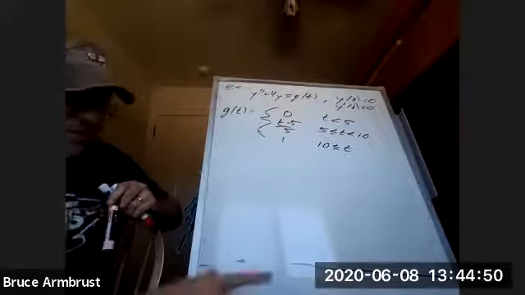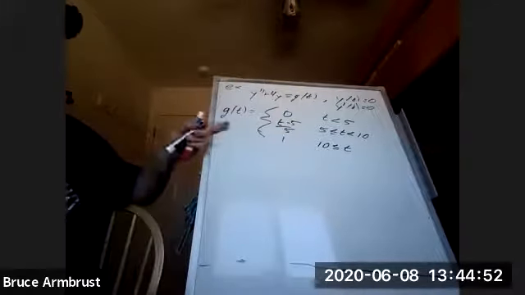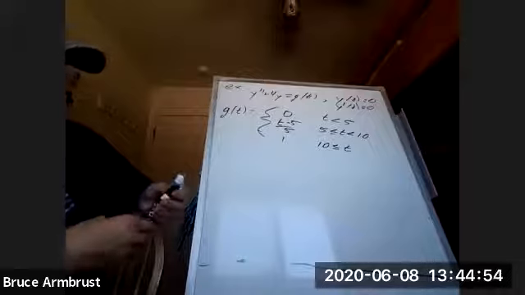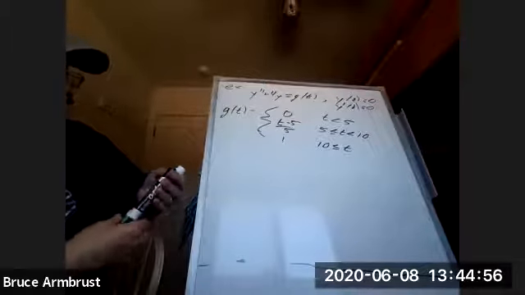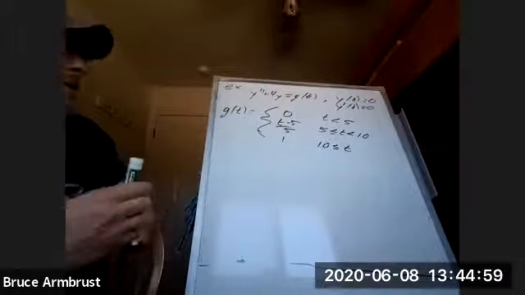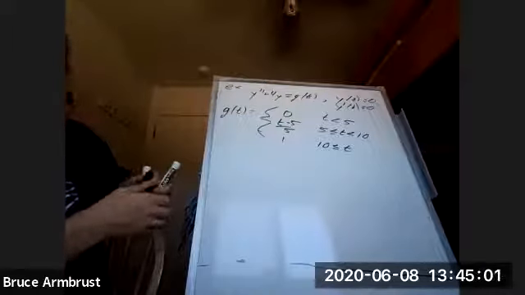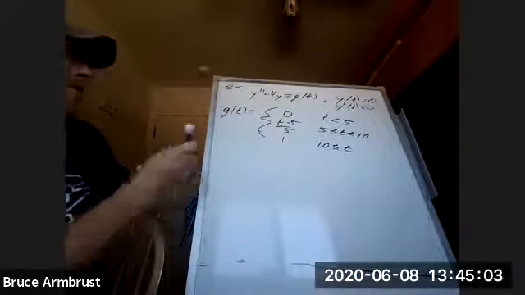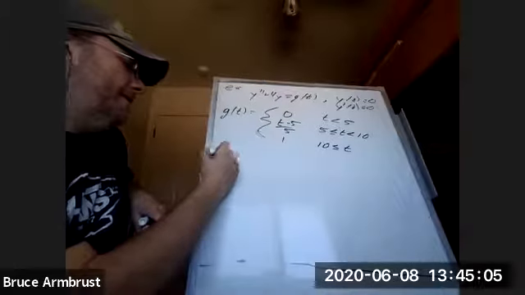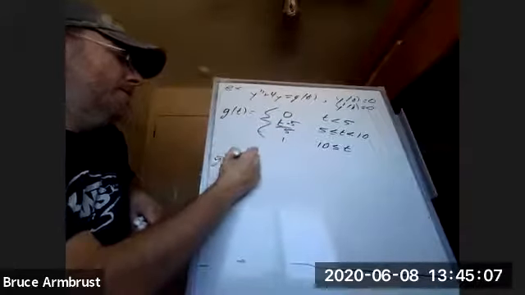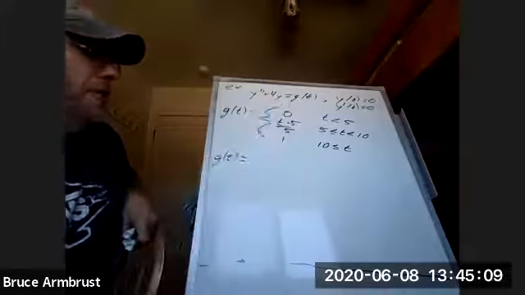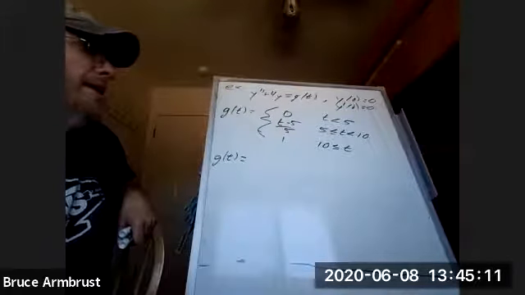So first things first, let's write this g using the unit step function. Here's what this is going to look like. We start with 0, so I'm not going to do anything with the 0 right now.